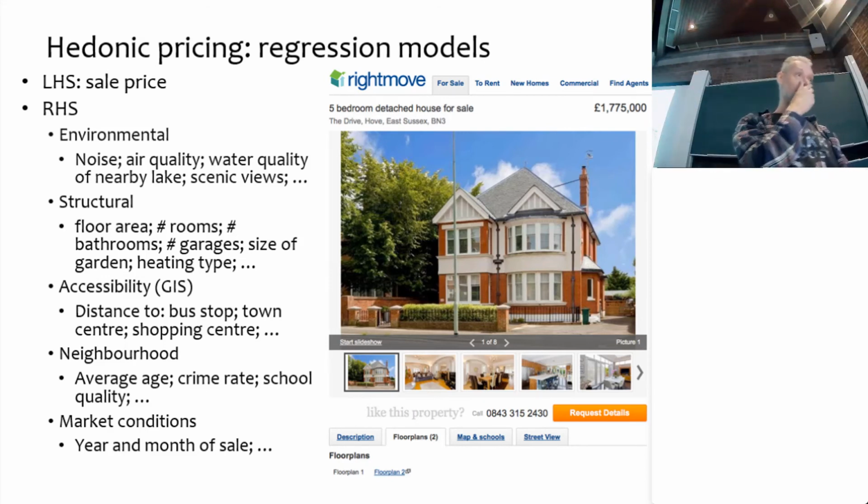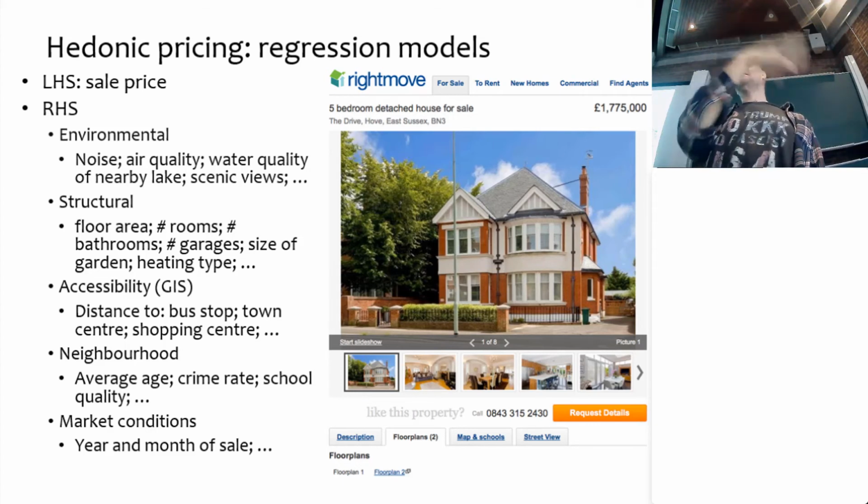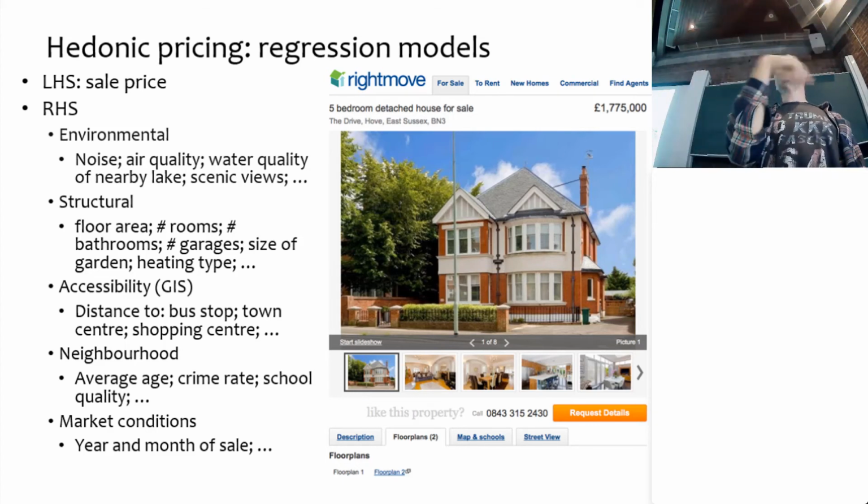If you go to Rightmove, they list, because they want to sell the house, all the characteristics of the house up to the color of the bathroom, right? Which doesn't matter because you can just repaint it. And then you can also know the exact location, so you can tie it to noise and air quality, water quality, scenic views, and so on and so forth.